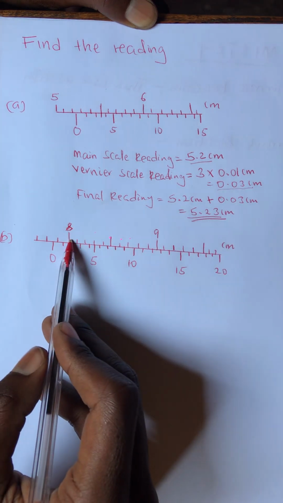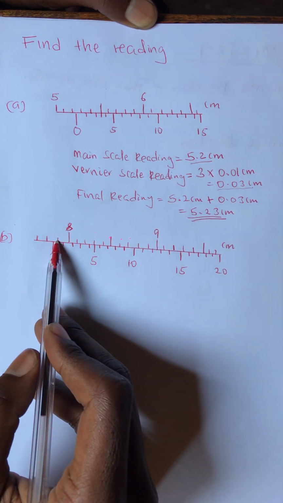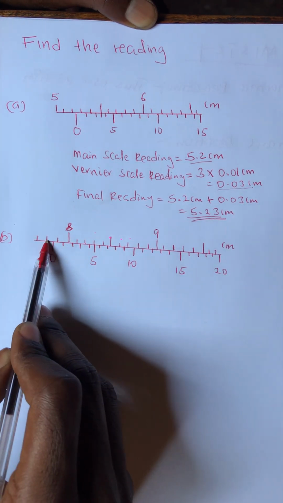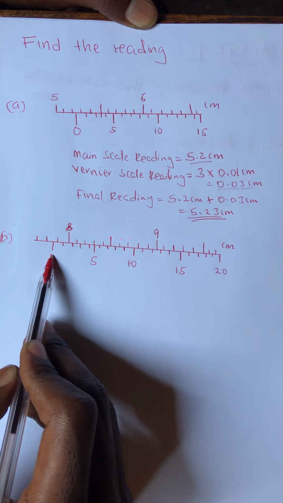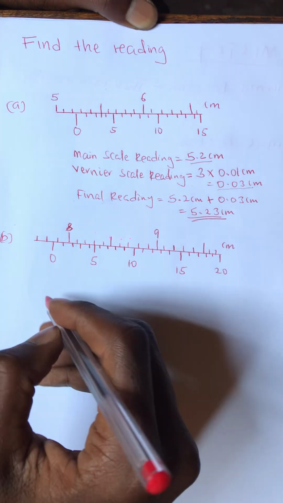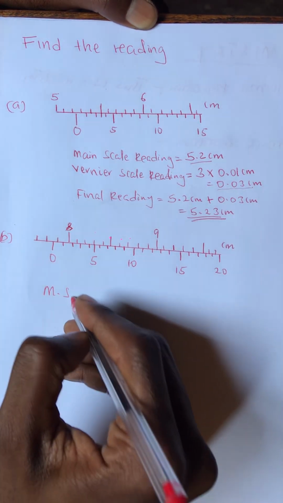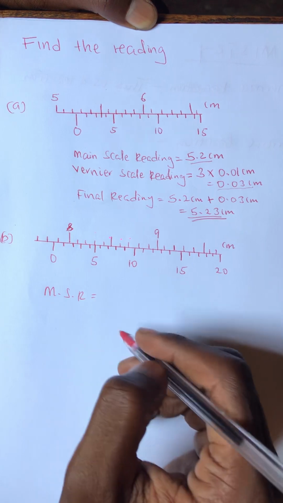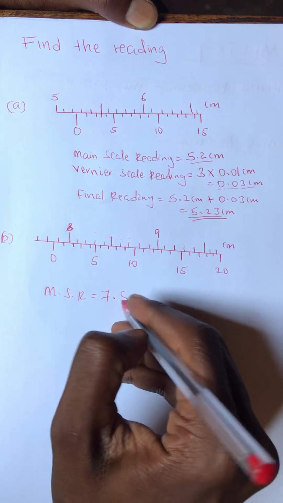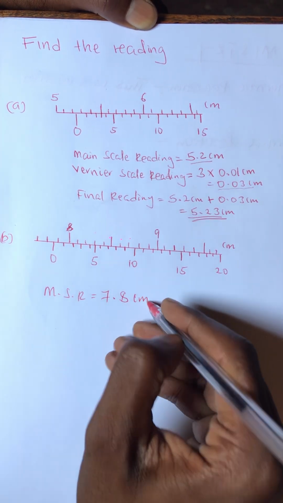So if this is 8, then this is 7.9, and then this is 7.8. So 7.8 is below our 0 there. So the main scale reading is 7.8 centimeters.